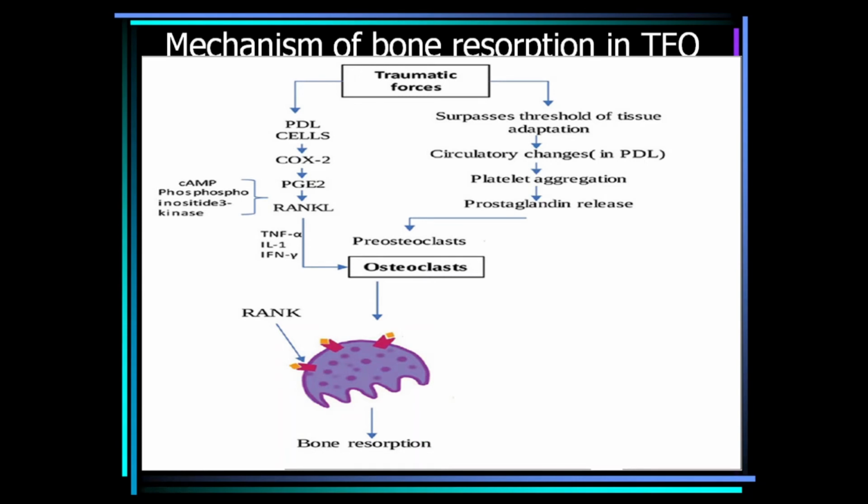This is very important to remember, how exactly this process takes place. Moreover, the platelets that get compressed or aggregated due to compression forces also secrete prostaglandin by the same mechanism, which acts on the osteoclasts, and hence resorption of bone.